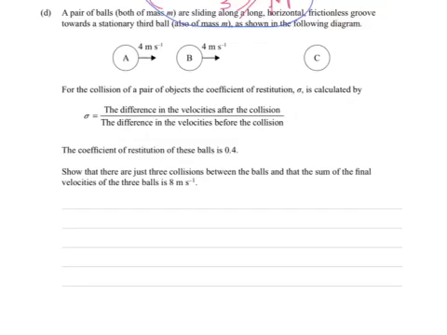You could actually go straight to the final bit and show that, because the mass of all 3 balls is the same, mass times 3 is the same. This is just my rough notes.